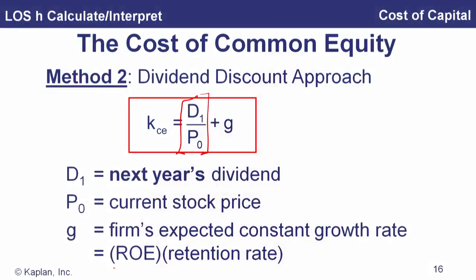One way to calculate this g is the return on equity times the retention rate. Now, the retention rate, sometimes we say that's 1 minus the payout ratio. And the payout ratio is the percentage of earnings that are paid out as dividends. So 1 minus that is the percentage of earnings that are reinvested in the firm. So that's where we come up with this constant growth rate. It's the rate the firm could grow just based on its own reinvestment of earnings, the retained earnings.